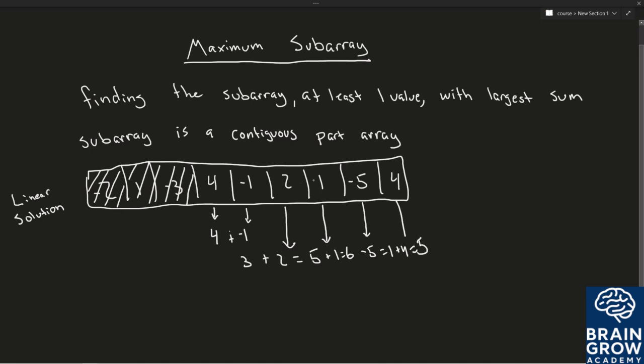So even if we did this entire subarray, we see that our greatest value here is 6. So for this array, our longest subarray, so our maximum subarray, would be 4, -1, 2, and 1. And this would give us 6.